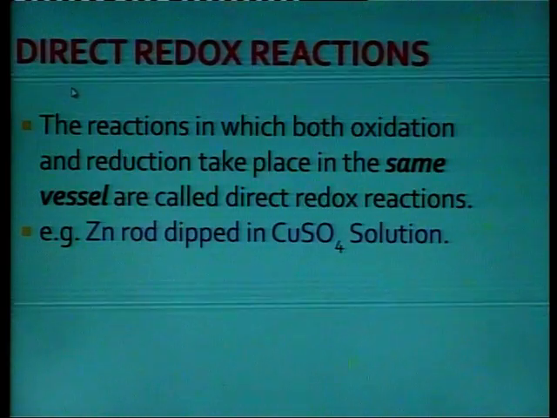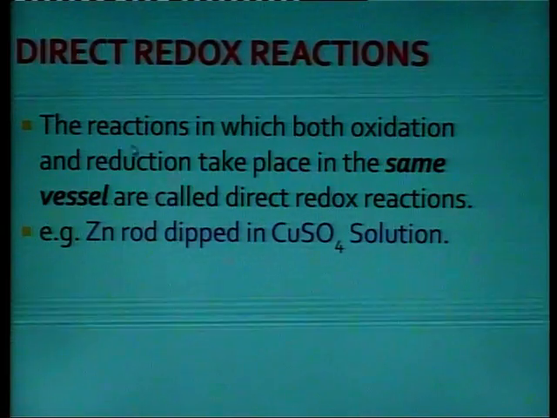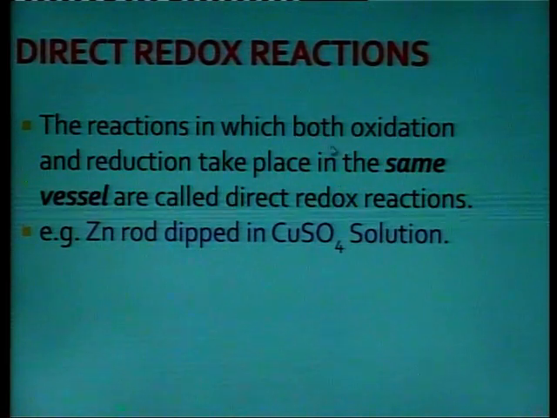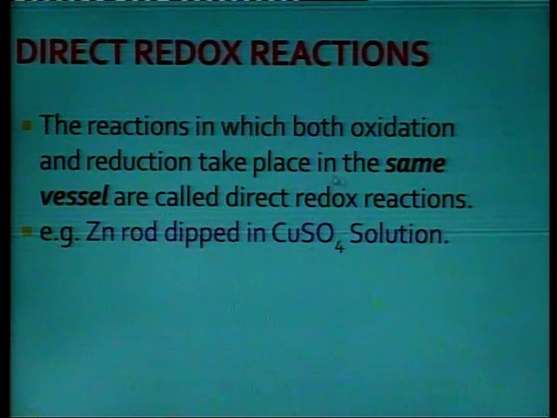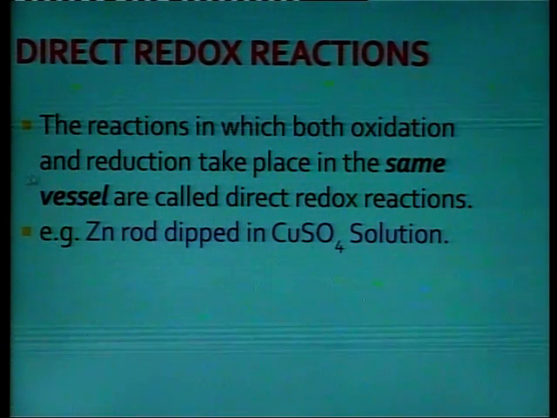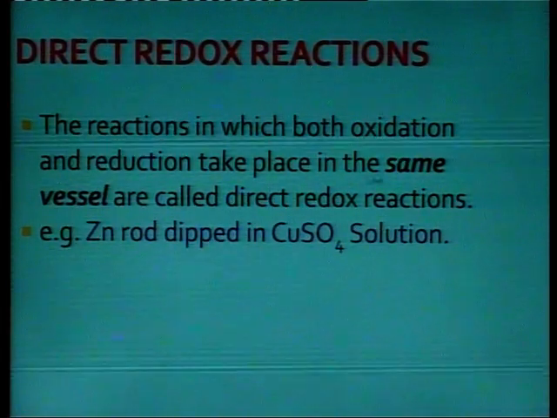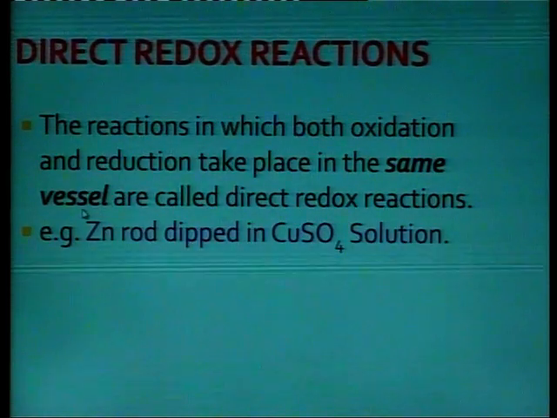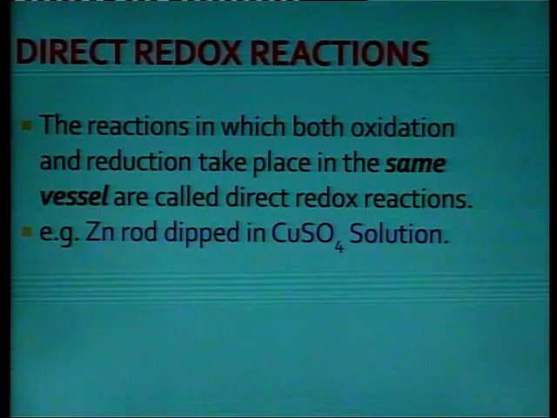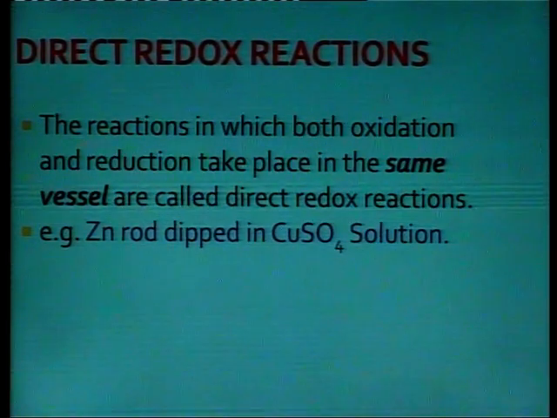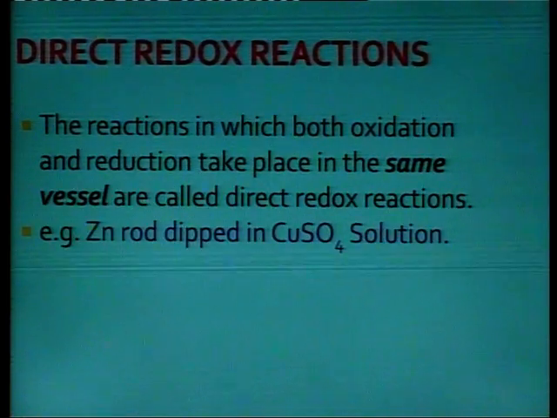First are direct redox reactions. These are those reactions in which both oxidation and reduction take place in the same vessel. That means both of the processes are taking place in the same container, or you can say in the same beaker, so that there is direct contact between oxidation and reduction.